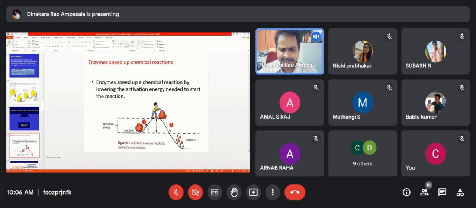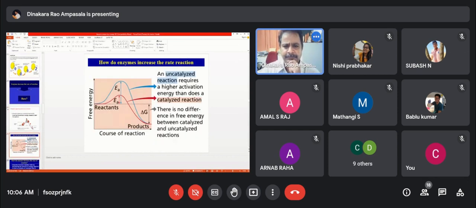The important thing here is that activation energy is needed to start any chemical reaction, and that is how all chemical reactions start. If you see the blue graph and the red graph, the blue graph is the uncatalyzed reaction.